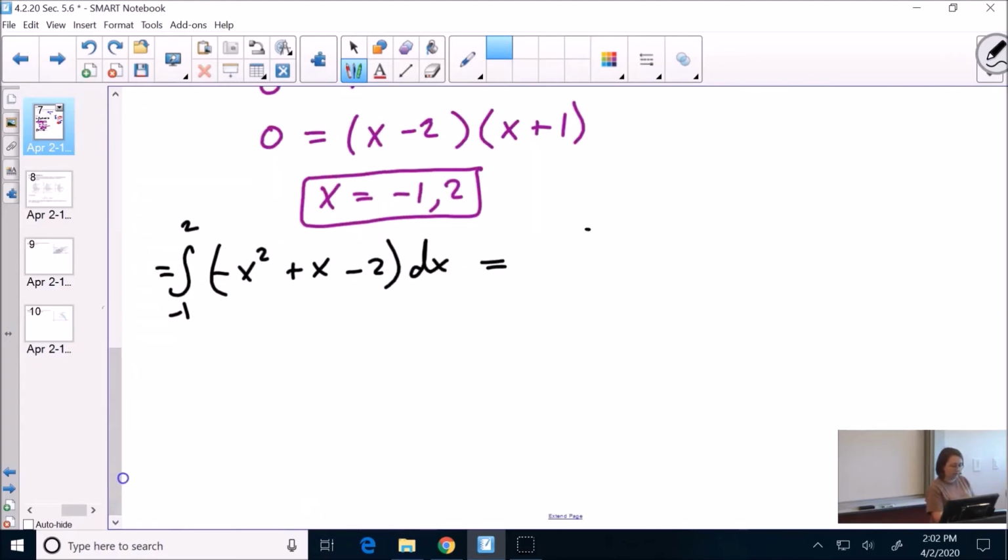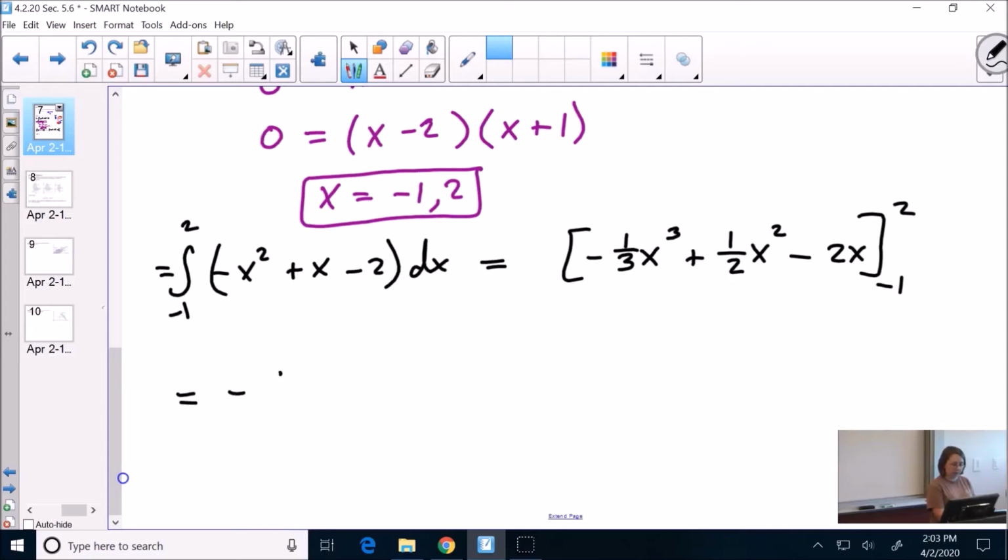Alright, antiderivative. So negative x to the, add 1 to the power, so 3, multiplied by the reciprocal. Add 1 to the power, so 2, multiplied by the reciprocal, minus 2x. From negative 1 to positive 2. Alright, plug in 2. So that would be 2 cubed, so that would be negative 8 over 3. Plug in 2, so 4 times a half would be plus 2.